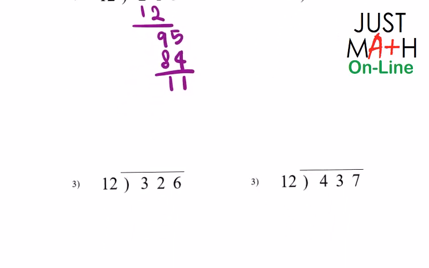Okay, take a look at the next one. 1 digit cannot, you have to use 2 digits. If you use 2 digits, you have to start here. What times 12 is not more than 32? Or you look at the first digit. What times 1 is not more than 3?